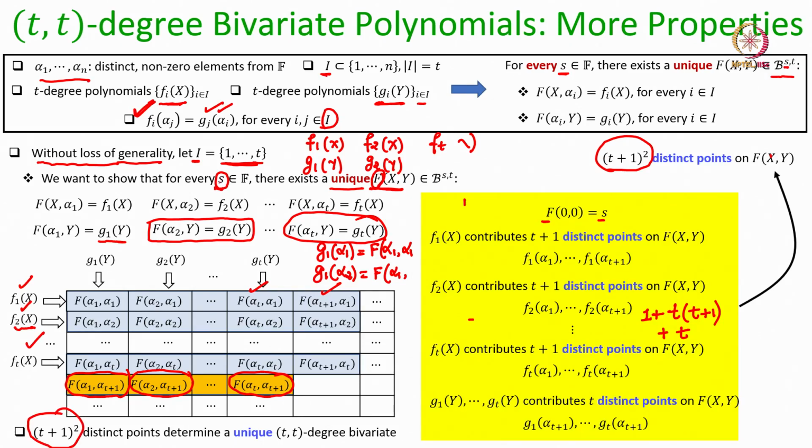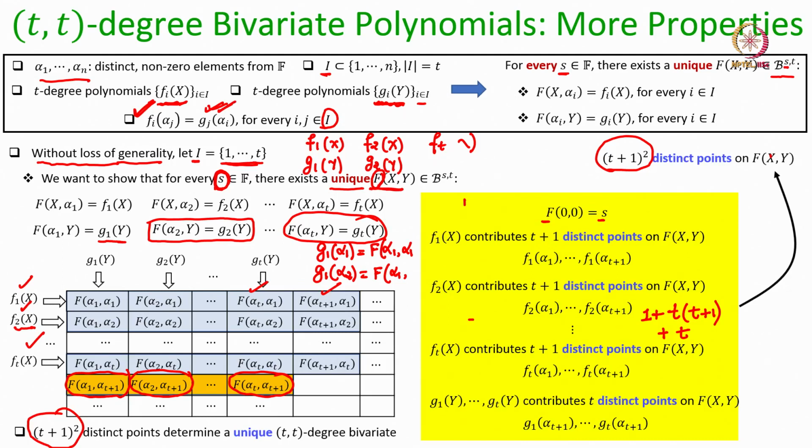That means, once I fix the constant term s, that constant term along with this t number of x univariate polynomials and t number of y univariate polynomials, which are guaranteed to be pairwise consistent, implies a unique bivariate polynomial.